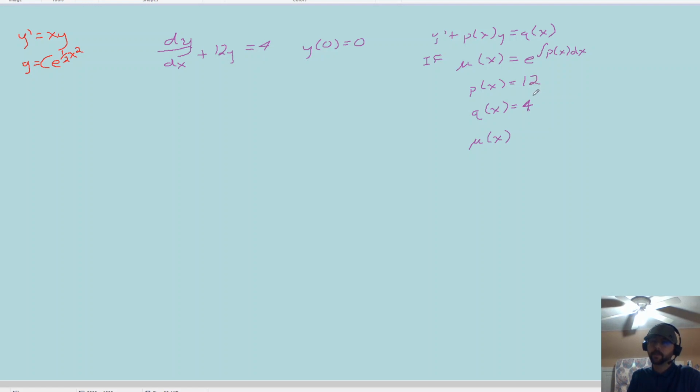The integral of 12 is just 12x, so this is going to be e to the 12x. Normally that would be a plus c, but it's not needed here.